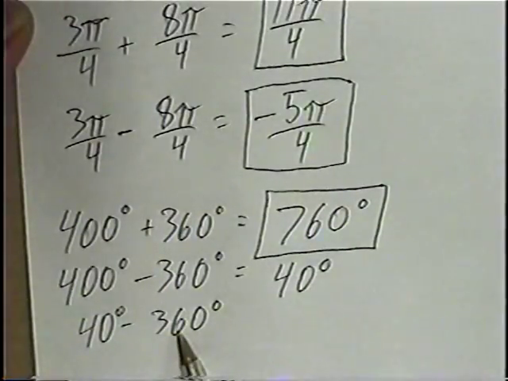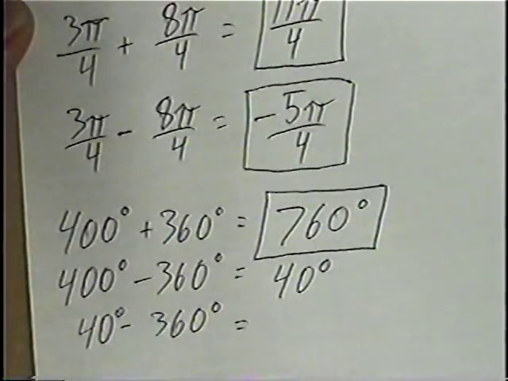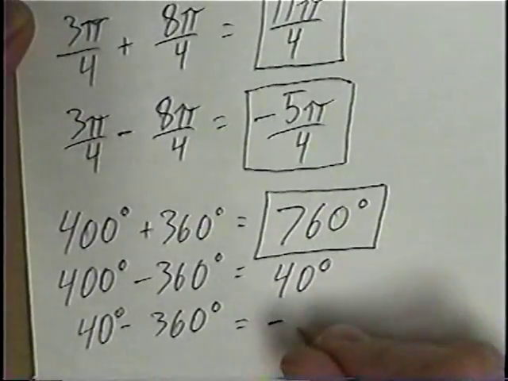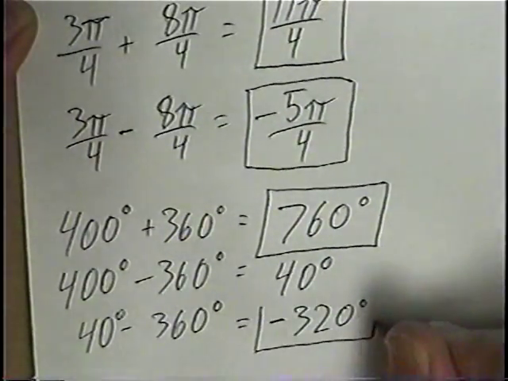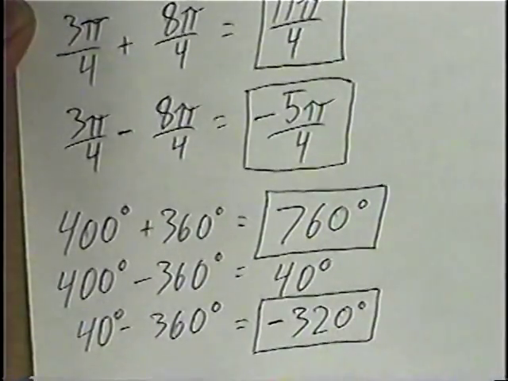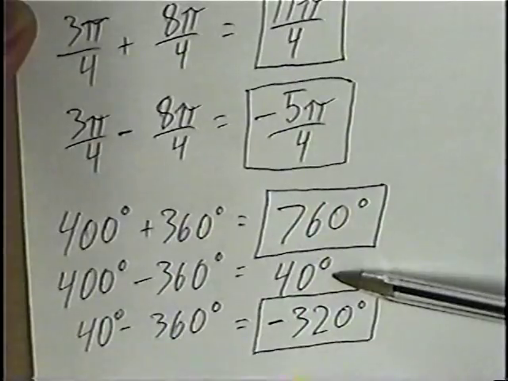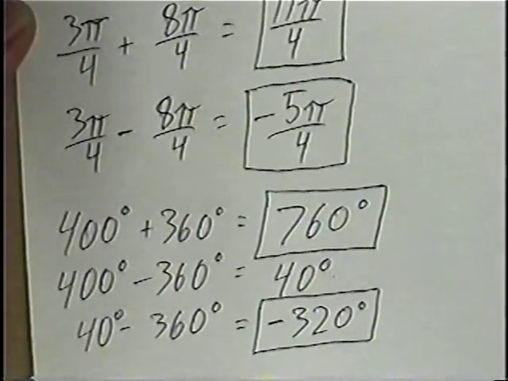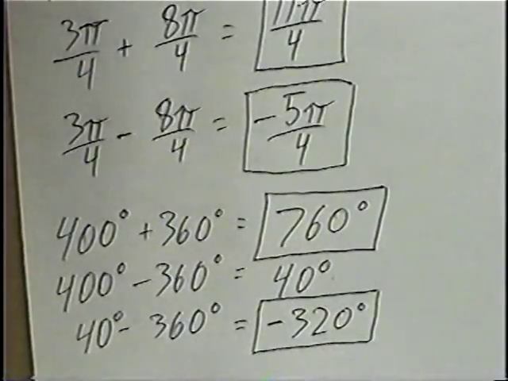We can subtract a second time, and we'll still be at the same spot on the unit circle, but will be one less revolution. So 40 minus 360 would be negative 320. So a positive coterminal angle will be 760 degrees. We could also use 40 degrees as a positive coterminal angle, and the negative coterminal angle would be negative 320.